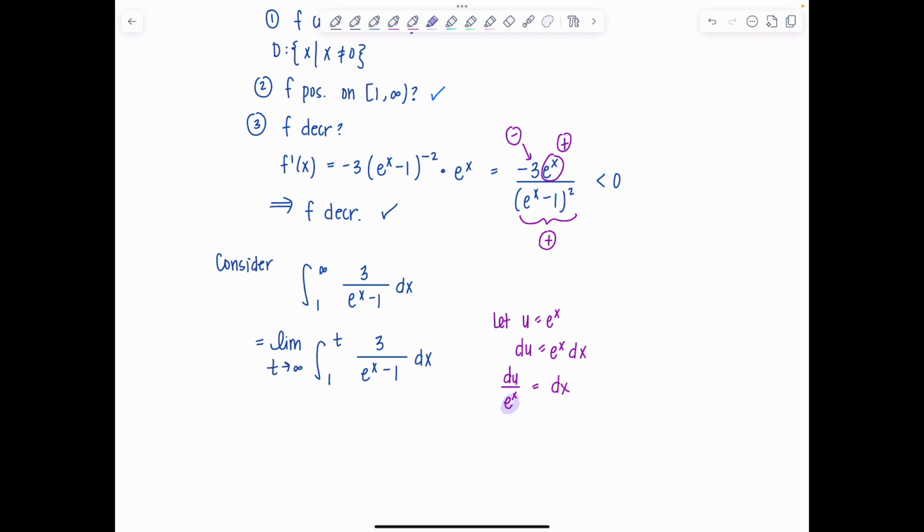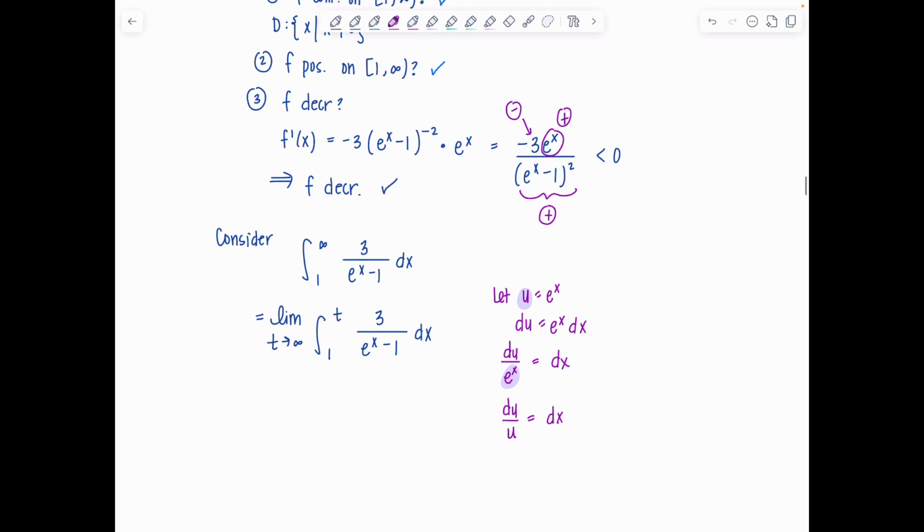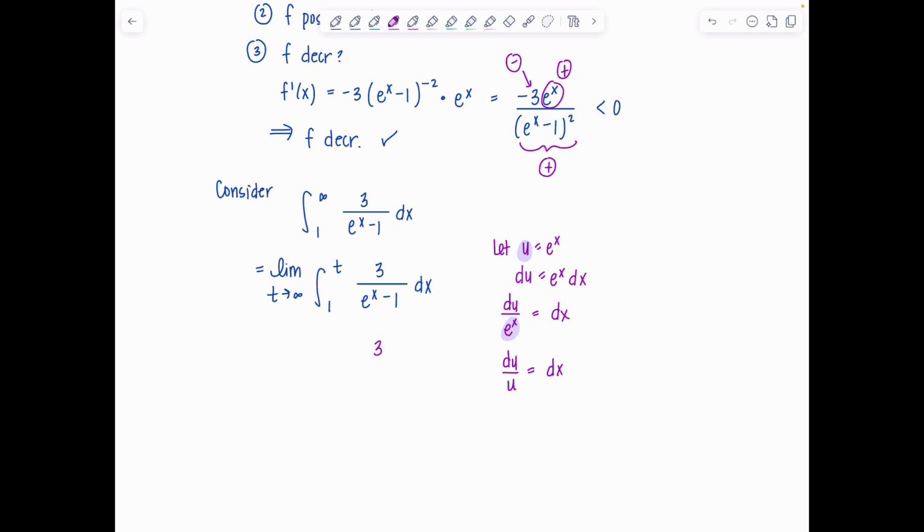And remember, e to the x is just u, so I can replace dx with du over u. That'll fix things. So now we still have 3 over, remember, e to the x is u, minus 1, and then dx gets replaced with du over u. Hopefully you've seen this little maneuver before.